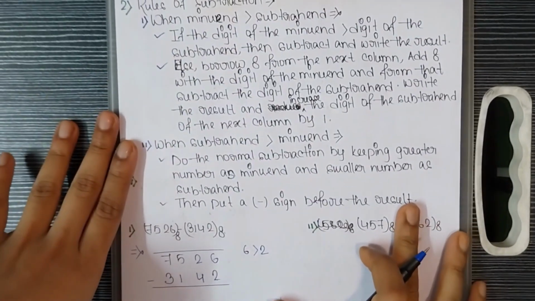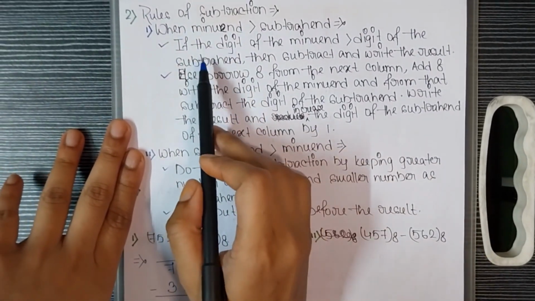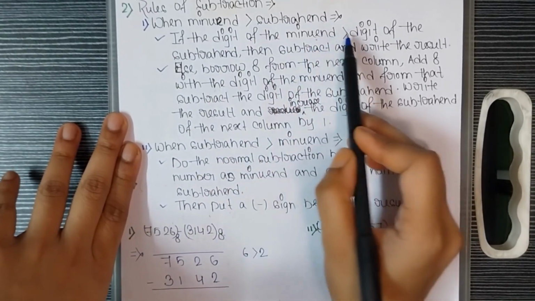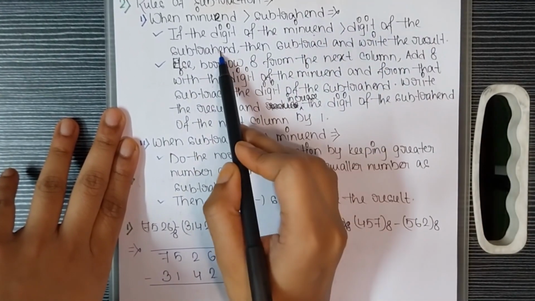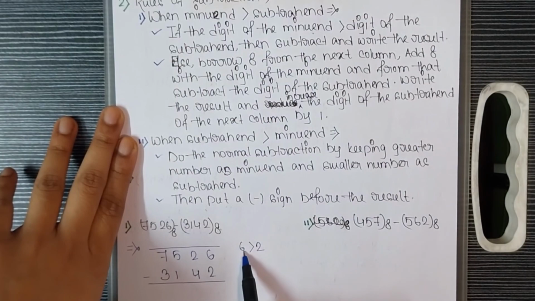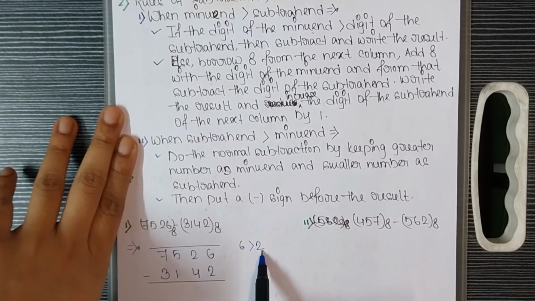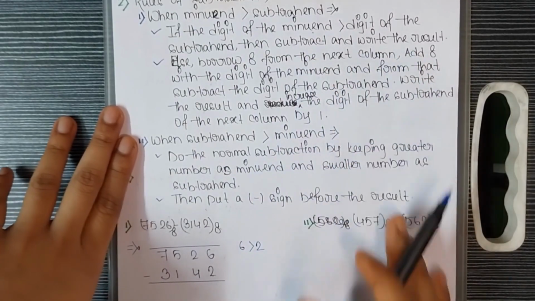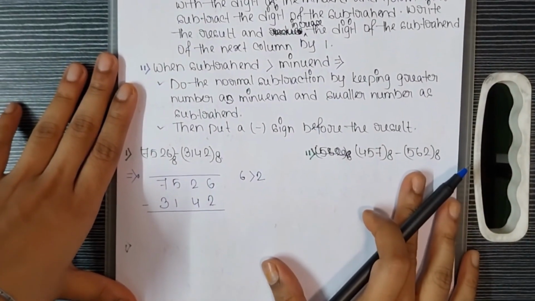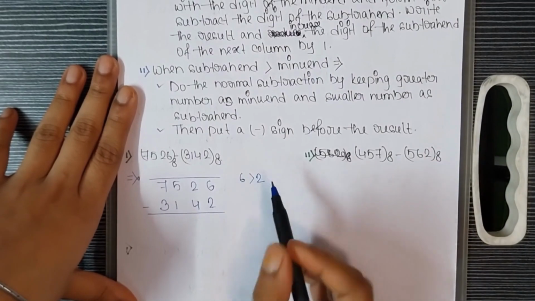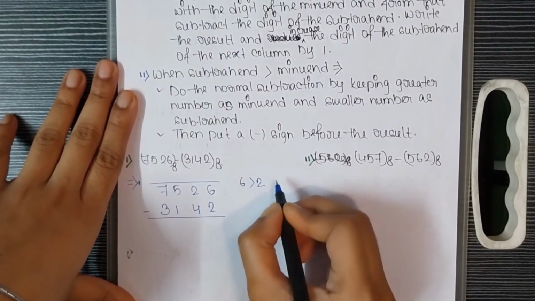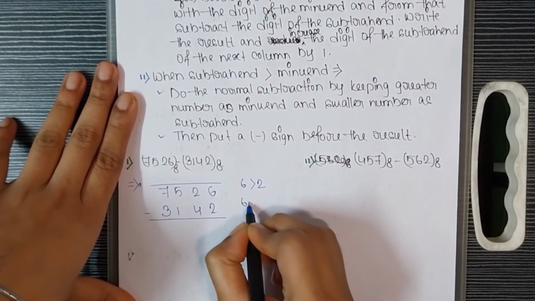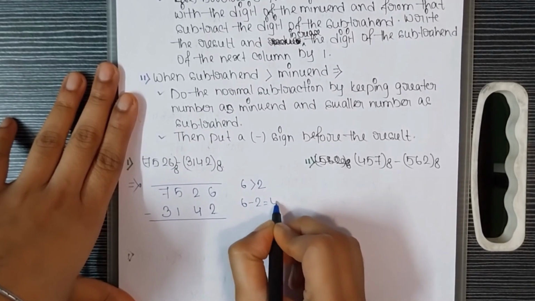In the first rule I said that if the digit of the minuend is greater than the digit of the subtrahend, which is the case here, then we just subtract and write the result. We don't need to do anything else. 6 minus 2 will be 4.